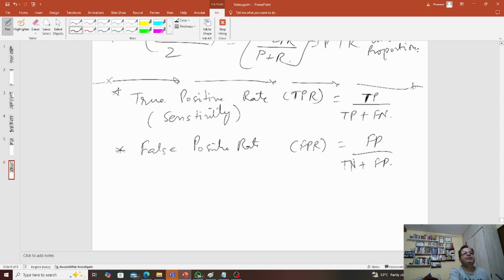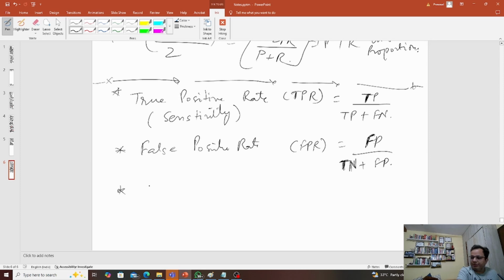This is the rate of how your model performs with respect to your negative values. False positives are the ones that are incorrectly classified as positives, divided by the actual true negatives, which it classifies as negative and which are actually negative, plus the false positives. So that's called the false positive rate.